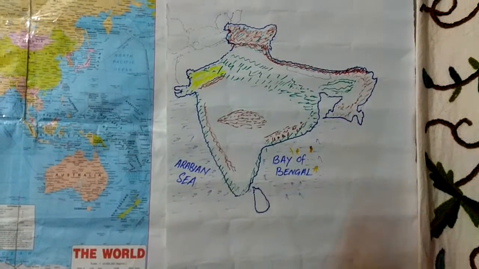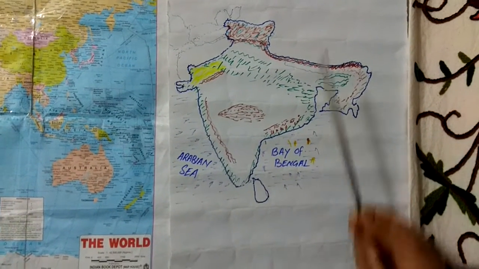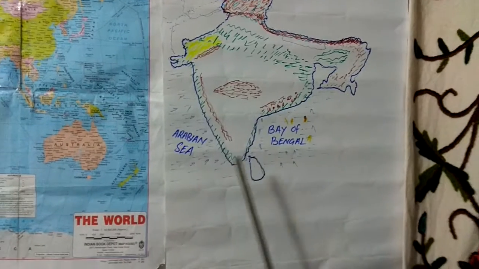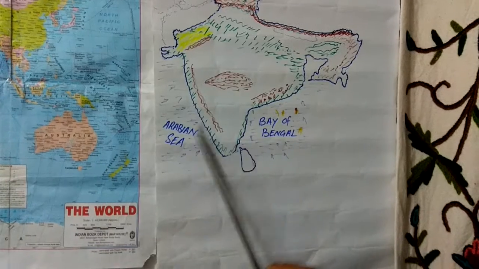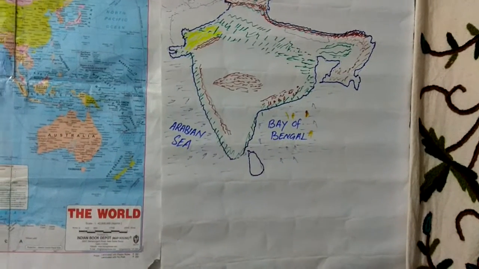All these features start the interaction and the interference with these sea bodies. Dear students, first of all, when we see in our natural phenomena, the biggest body of our solar system is the sun.